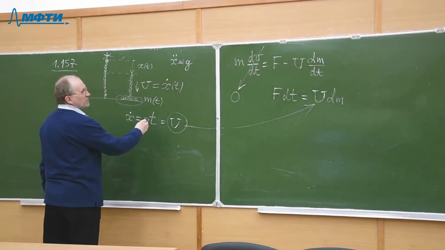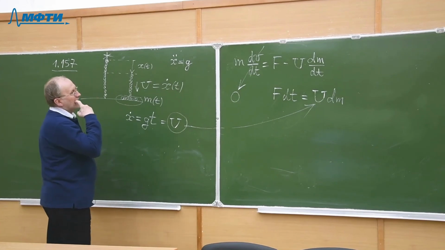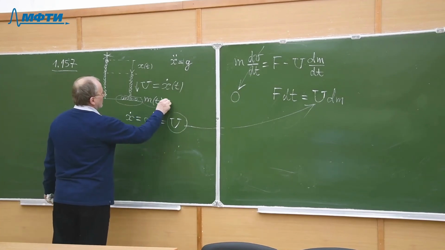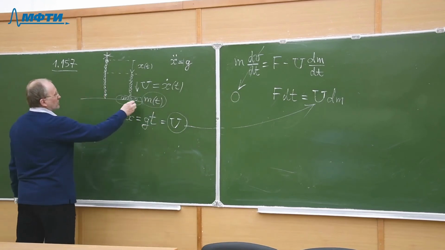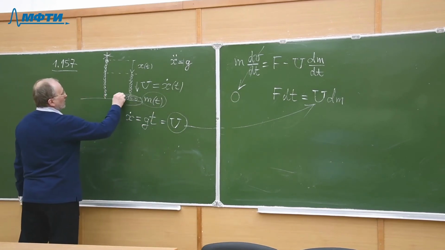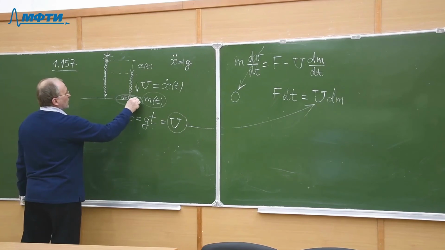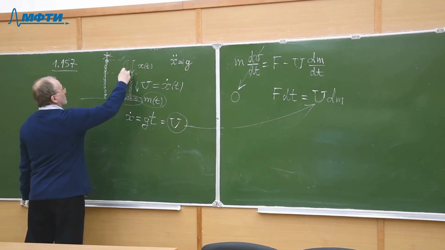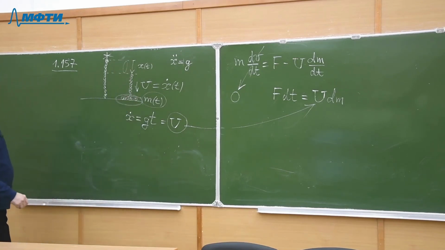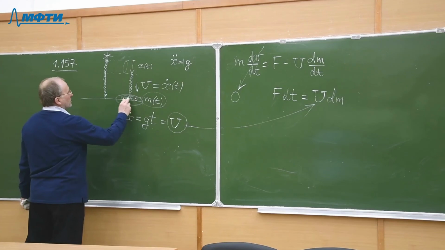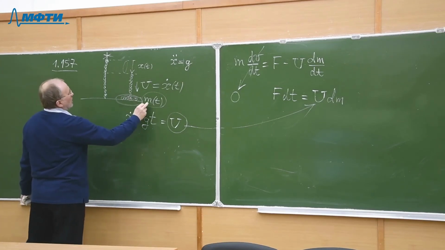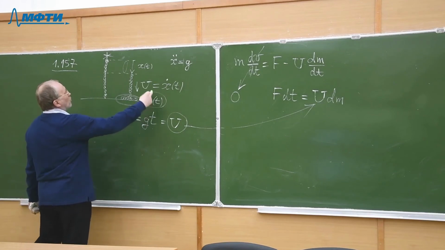Also, we need to know the function m as a function of time. What is this part of the chain which lies on the table? This is the same part that was here, but now it's here on the table. So the part of the chain on the table, on the surface of the table, will have the mass which is proportional to x.